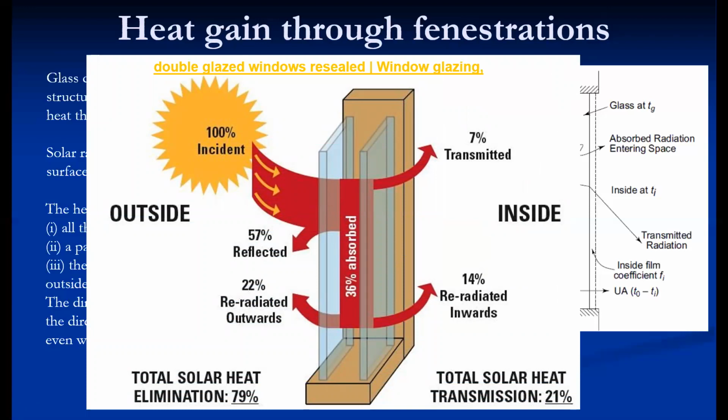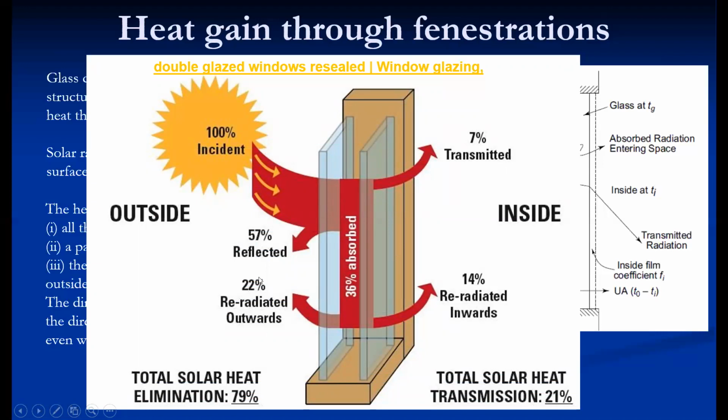If we consider double glazed windows, there is considerable heat transmission. Of the 100% radiation falling on the outside glass surface, in double glazed windows, or window glazing, almost 50% of the solar radiation is reflected and only 7% is transmitted.